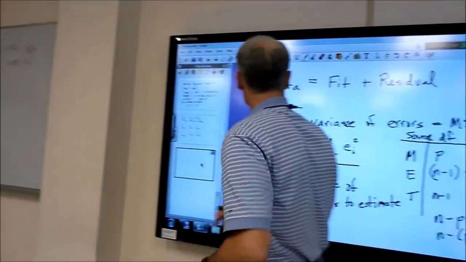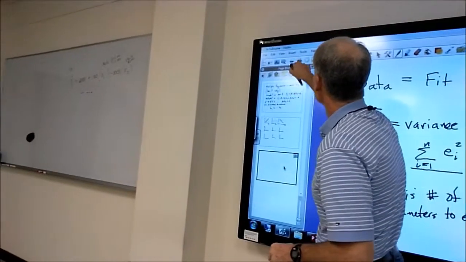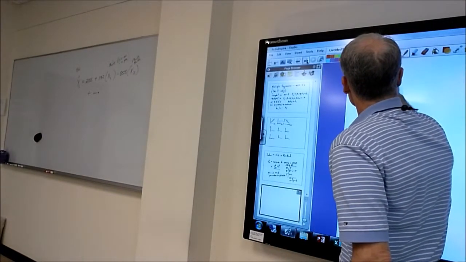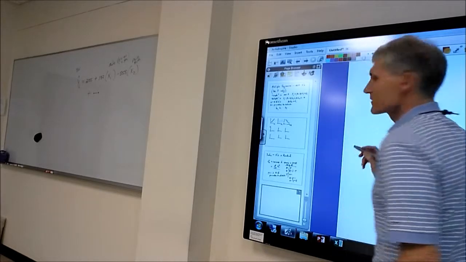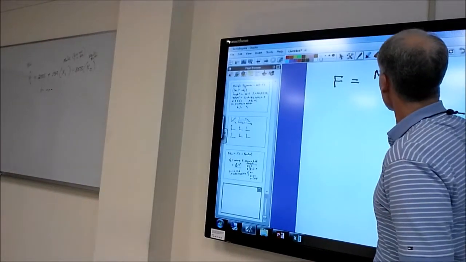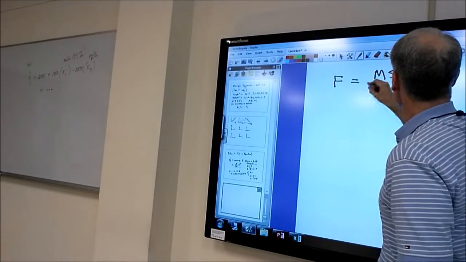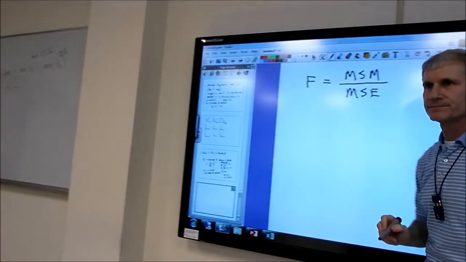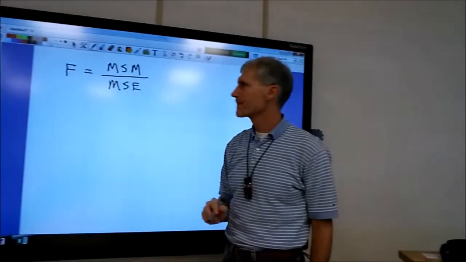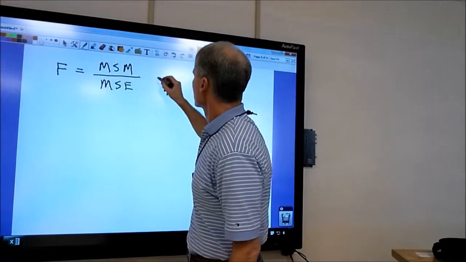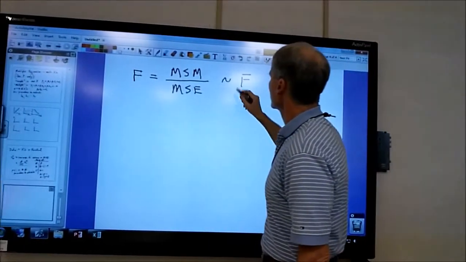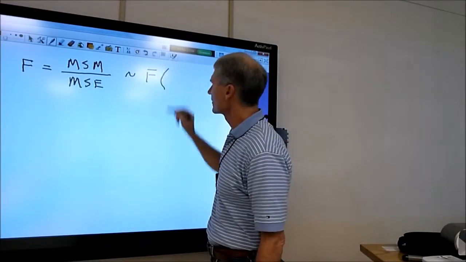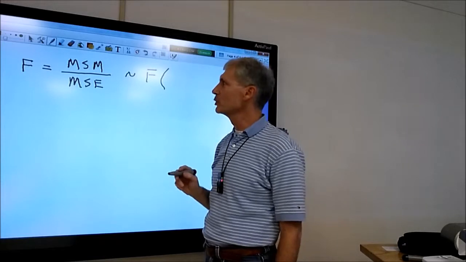The F statistic is the same as it was before, mean square for model over mean square for error. And it has, that little squiggle means is distributed as an F distribution with degrees of freedom in the numerator.